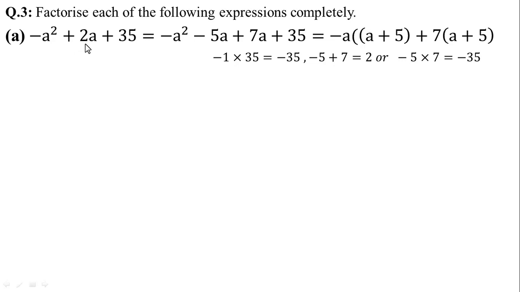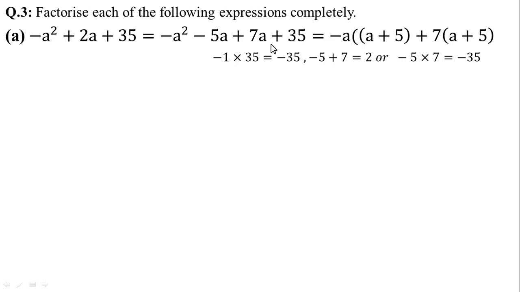So we do mid-term breaking of 2a into 2 parts: minus a square minus 5a plus 7a plus 35. Now taking a common in the first two parts, minus a is common, so minus a into a plus 5.